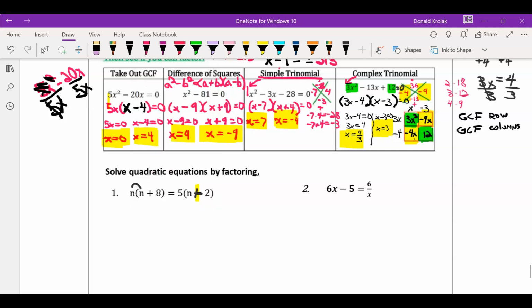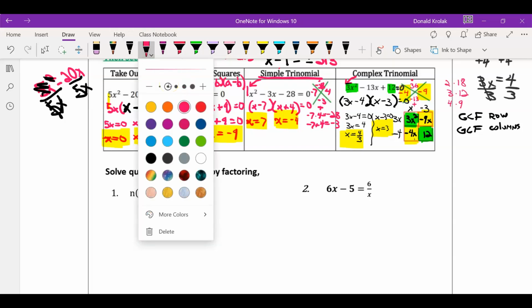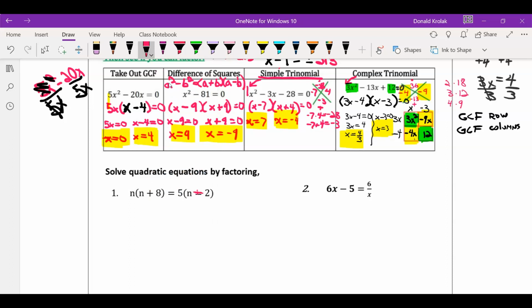I'm going to get everything on one side and 0 on the other. So you just distribute, and then move everything to one side.